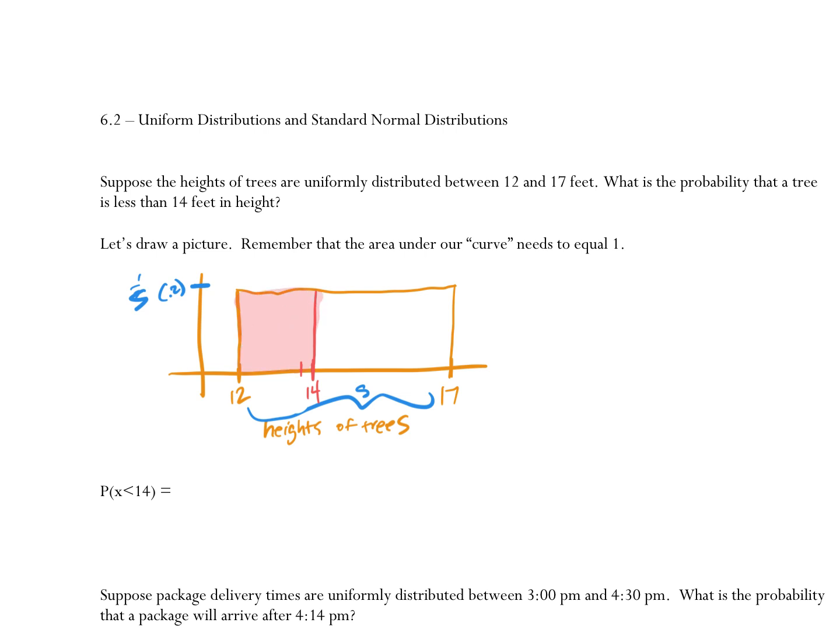Well, the base of that area is 2, because it's a rectangle, so we can just do base times height. 2 times 0.2 is 0.4.